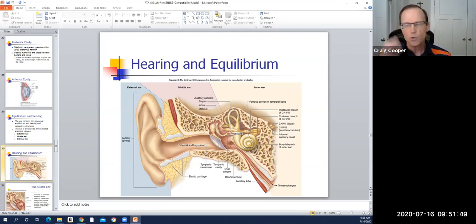When that membrane moves, then that's going to move the fluid that's in that inner ear. And when we're talking about hearing and sound, those waves are going to be transmitted into the cochlea. So the cochlea is this snail-shaped, curly, looks like a shell section of it. And so that's where we interpret sound.